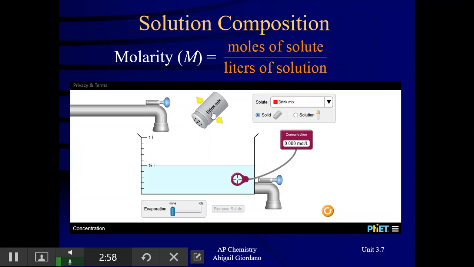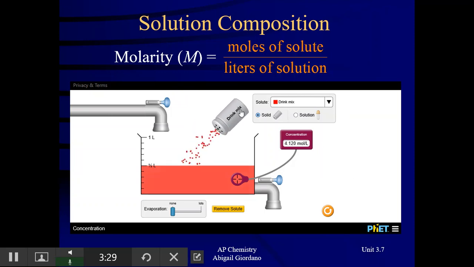But let's start doing that. And you go shake, shake, shake. And I'm adding solute, and look what's happening to the concentration. It's going up, because molarity, if you look at that formula, is moles of solute per liter of solution. And the liters of solution is staying constant, but the moles of solute is increasing.